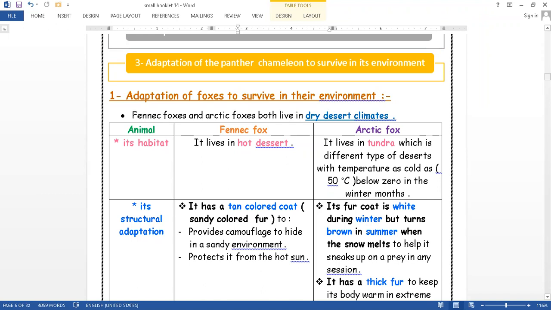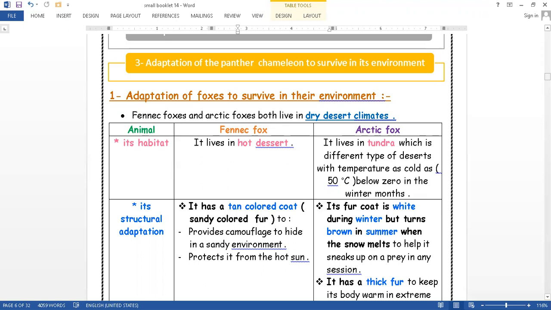So jr4, don't forget that. Until now we have two types of animals which have brown fur: the brown bear or dark bear, and the Arctic fox. Both of them have brown fur, but you have to differentiate between them.